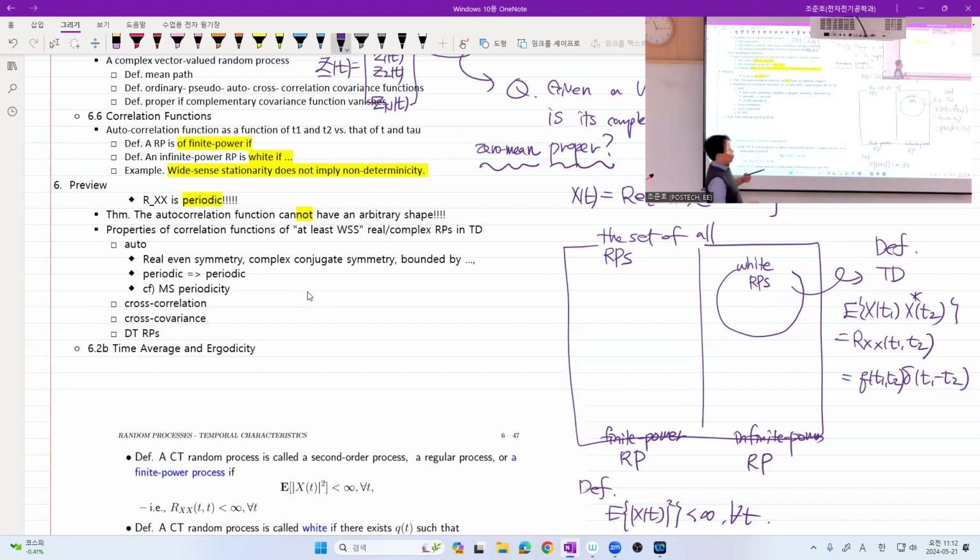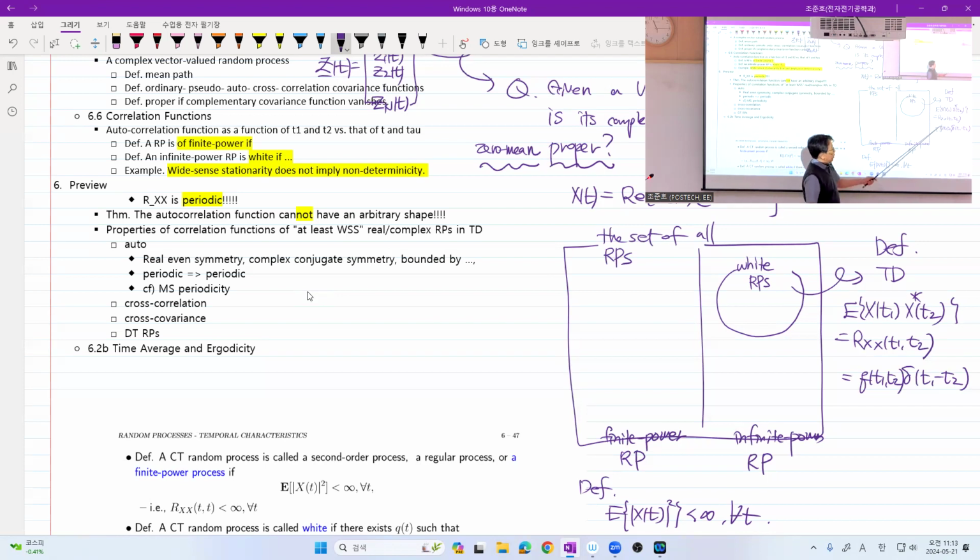And here you can easily see that if t1 is different from t2, then the correlation is 0. However, if t1 equals t2, what happens? In that case, this becomes infinite, and you may say that what's the use of this one? But if you want to integrate this autocorrelation function, actually this does matter.